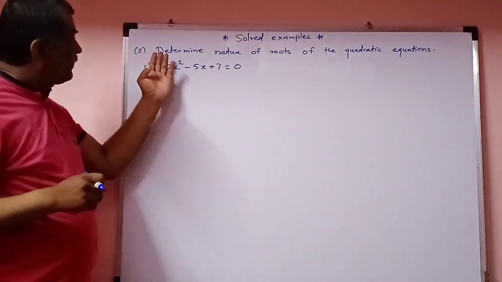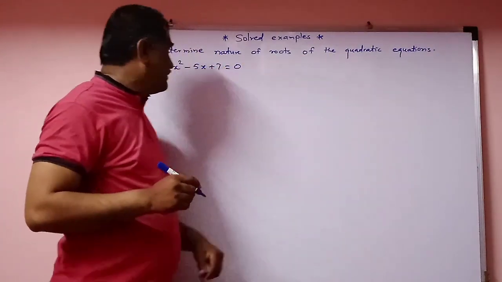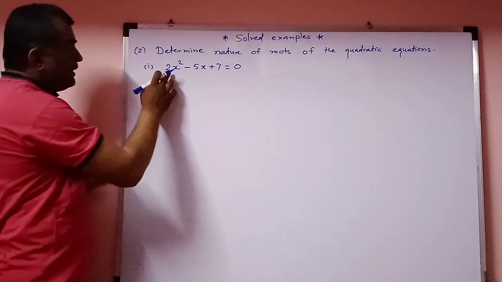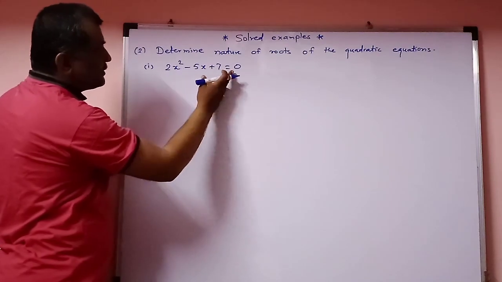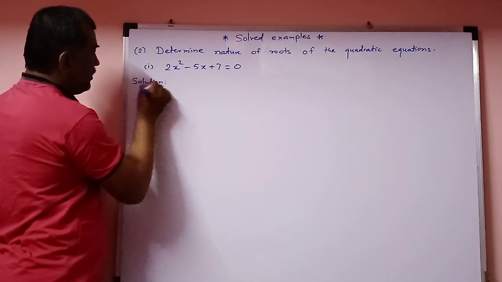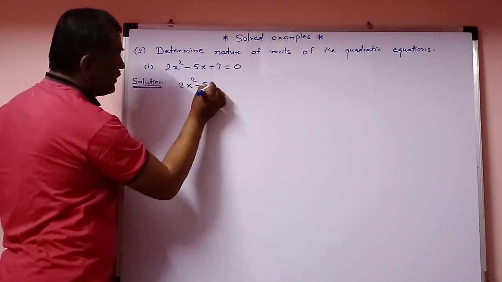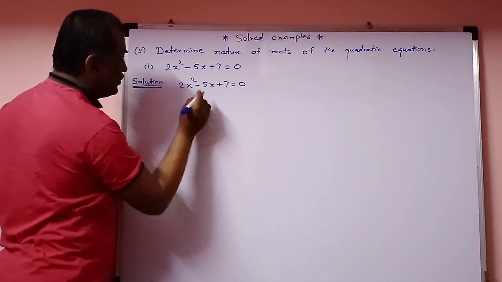Second question: determine the nature of roots of a quadratic equation. First example: 2x square minus 5x plus 7 is equal to 0. Solution. First write the given quadratic equation 2x square minus 5x plus 7 is equal to 0.